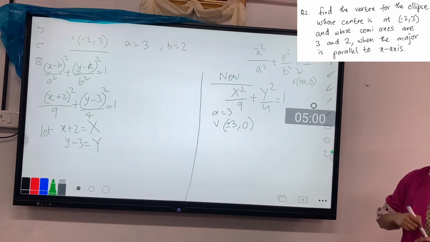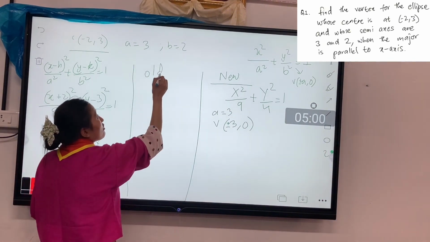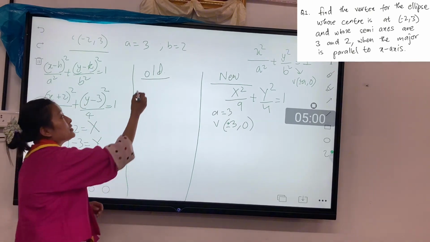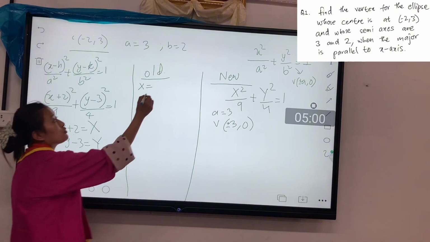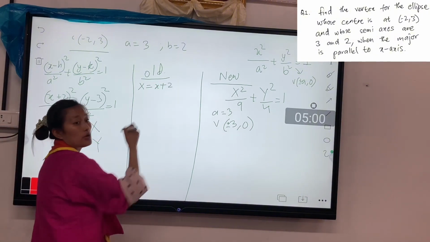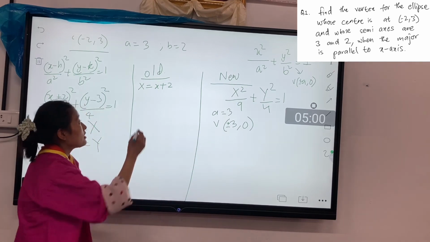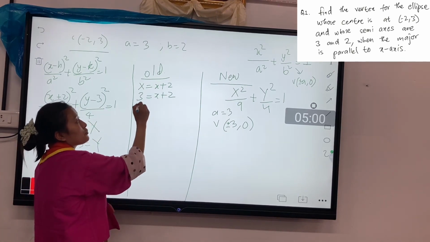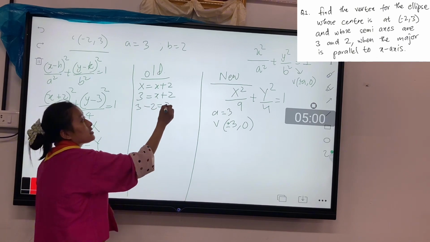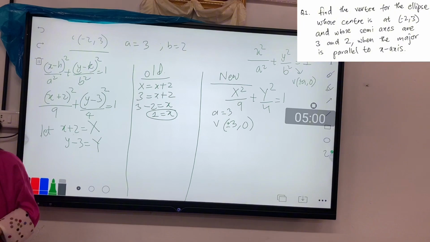Yes or no? But then for your old equation, your capital X is small x plus 2. Hence, whatever your coordinate is there, which is 3, in your old one your x is actually 1.